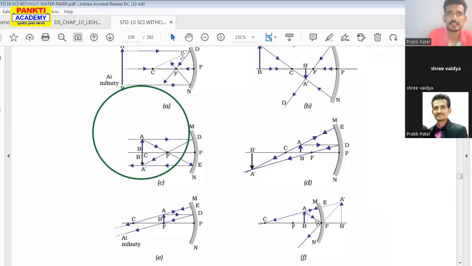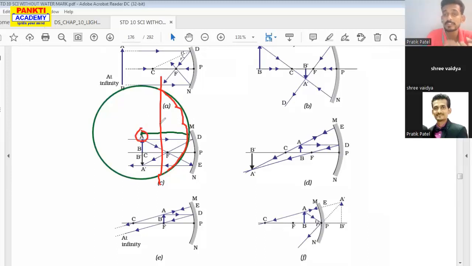Its center is here, and the distance from the center to the circle is called the radius. Now this is like a mirror: if you cut a part of the circle, it has the same center.